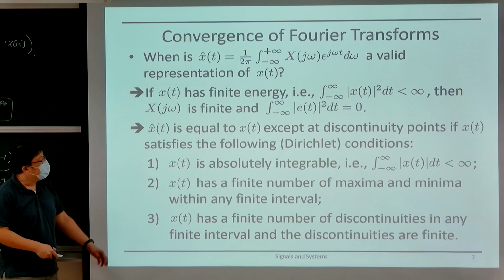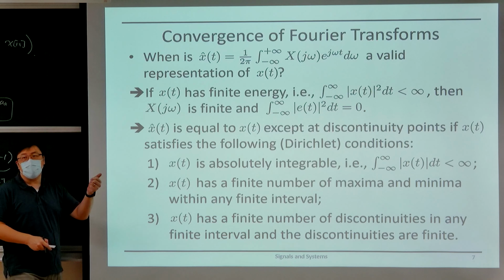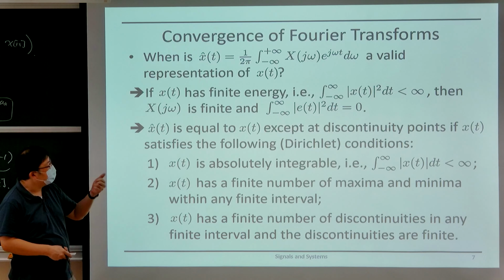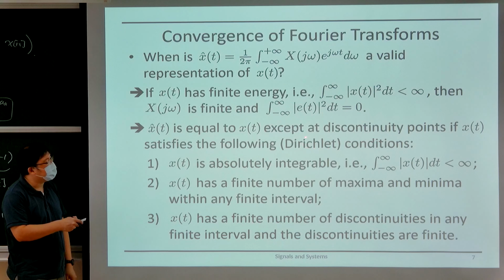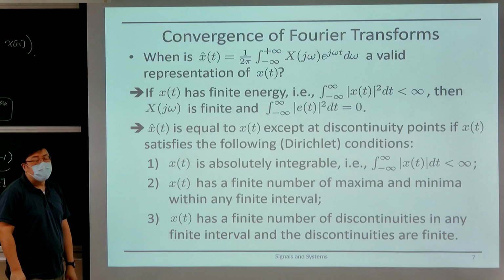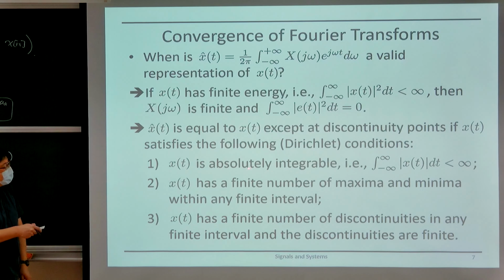Or if you're looking at almost everywhere convergence, or convergence except at these discontinuity points, then you would want to satisfy the set of Dirichlet conditions. So this includes x of t being absolutely integrable. So first, for L2, you need finite energy.